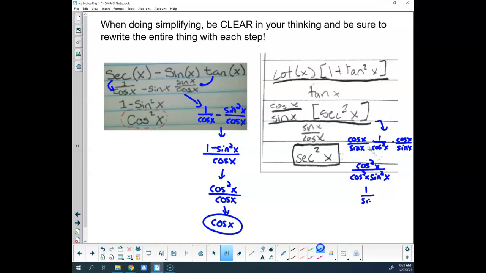The 1 over sine squared, which is then cosecant squared. Logic work. Okay. Gotta show you logic.